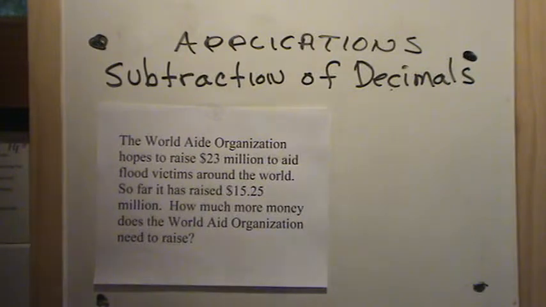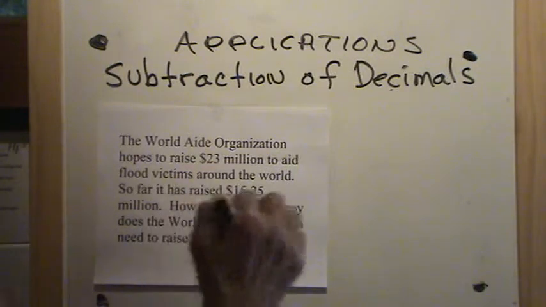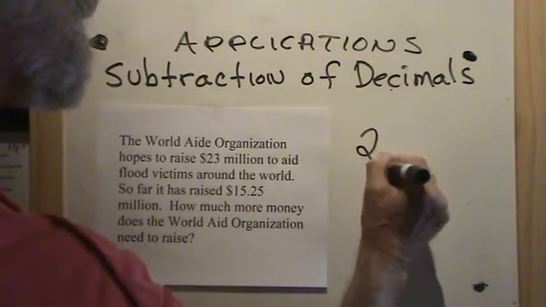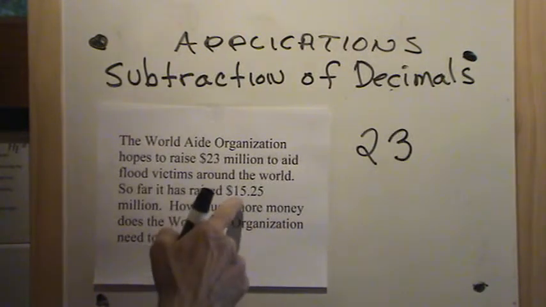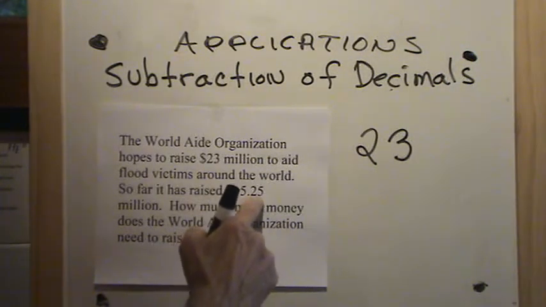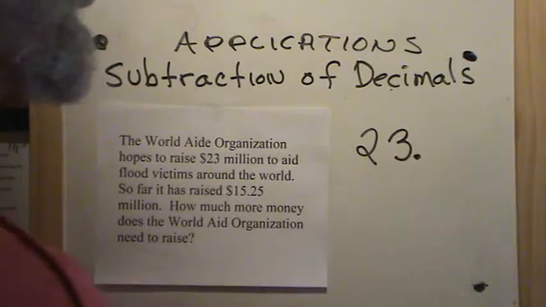Okay. Well, the World Aid Organization wants to raise $23 million. So far, it has raised 15 and 25 hundredths. So for 23 million, I know I have to put the decimal there.